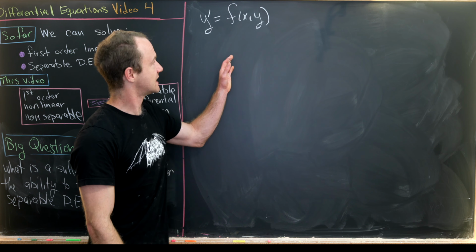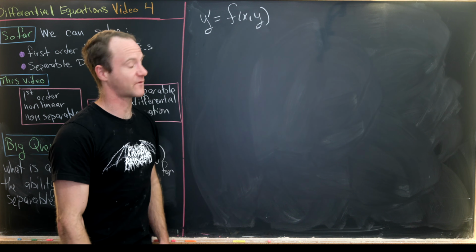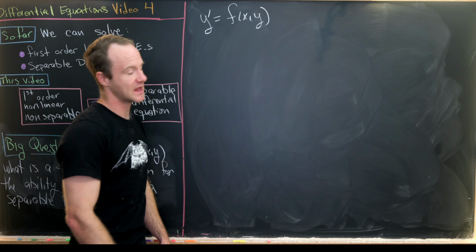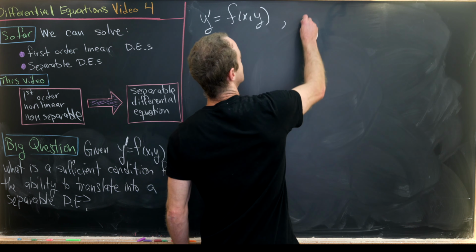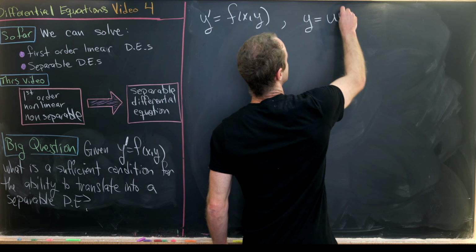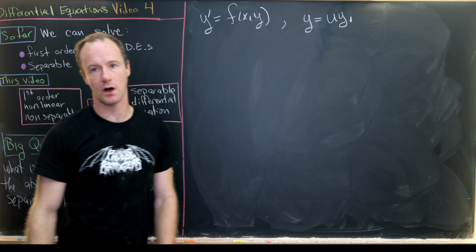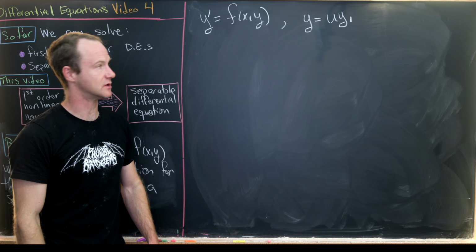Okay, so let's start with our arbitrary first order differential equation, and then let's make a substitution. So let's substitute y equals u times y1 and just see what this starts to look like.